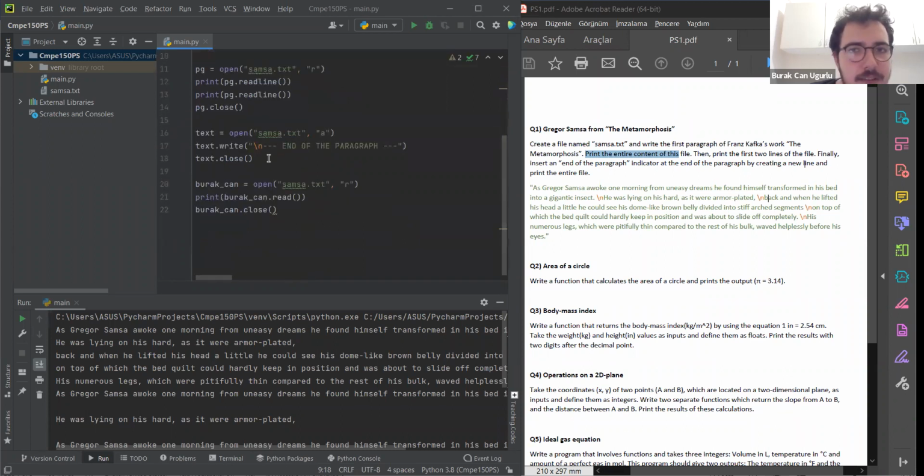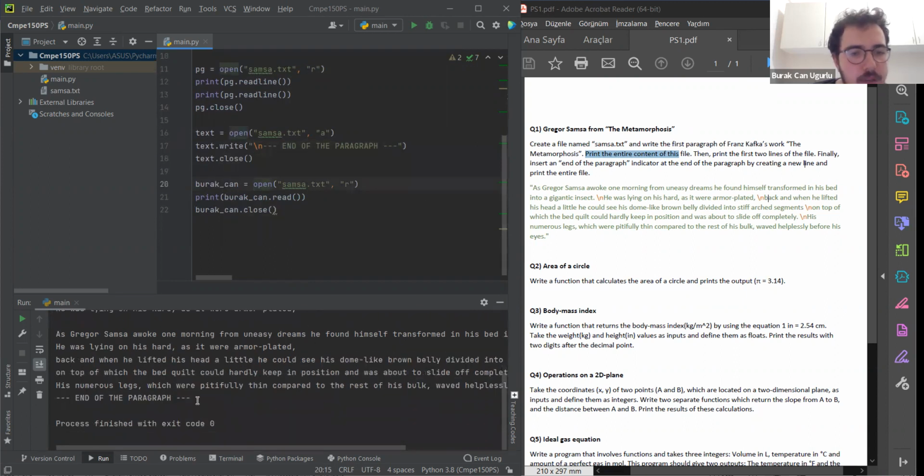And at last we have opened it with the append method, and we have written the end of paragraph indicator on a new line by using the backslash and n, and then we close it, and then we open it in the read-only mode. And as you can see below, the last version of our file includes the end of the paragraph indicator at its last line.